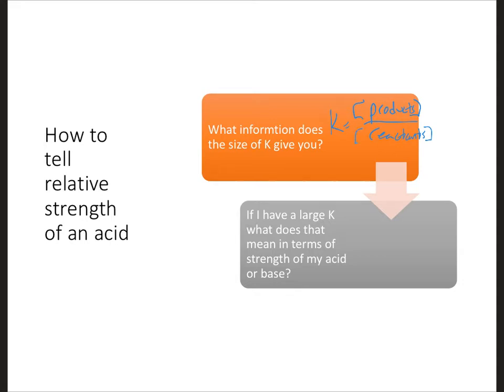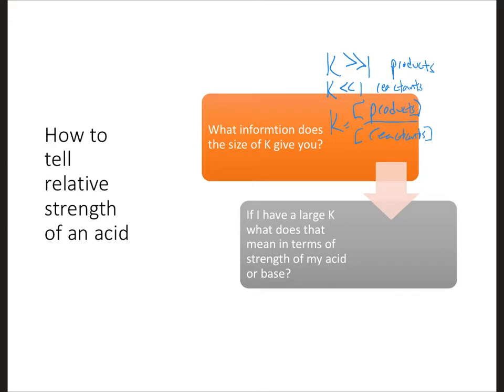So if we end up with a K that is much bigger than 1, it means we end up with a lot of products. But if we end up with a K that is much less than 1, we end up with a lot of reactants. So with a weak acid, we're expecting to have a lot of reactants. We're expecting to have a Ka that is much smaller than 1.